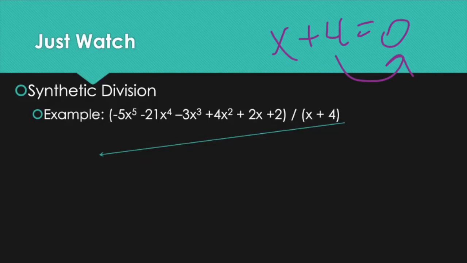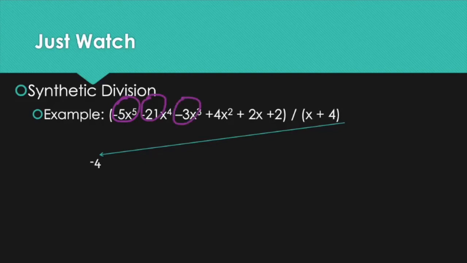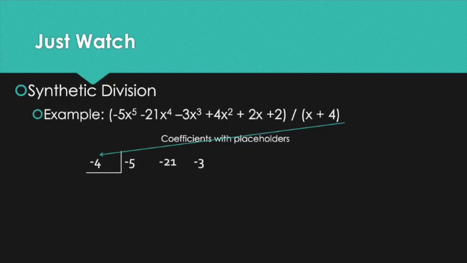So we're going to put a negative 4 on the outside over there. Then we're going to take all the coefficients out front here. Do we need any zero spacers? No, we don't need to put any spacers, so we're just going to put in the coefficients. Negative 5, negative 21, negative 3, 4, 2, and 2.